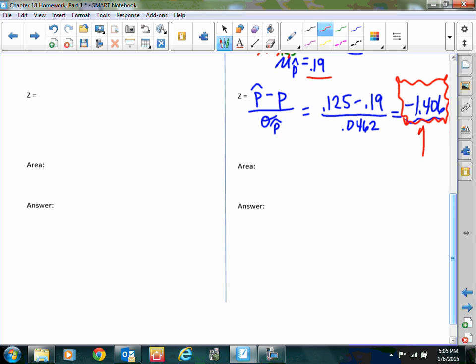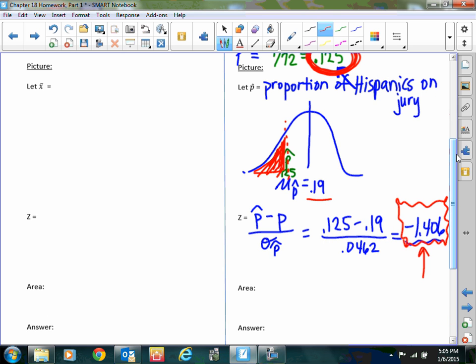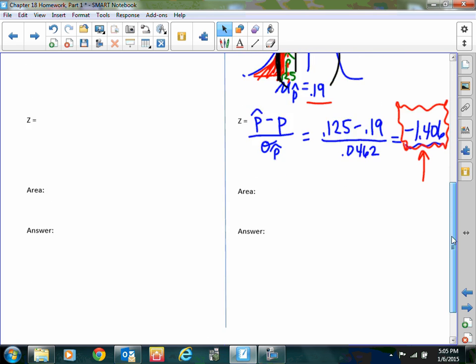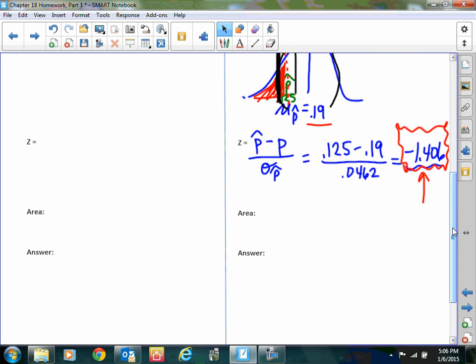Why? Because it's not even 2 standard deviations below. It's only 1.4 standard deviations down. So it is not outside of 2 standard deviations down. It was within. So that could have happened because of sampling variability. So that was not unusual. Let's go ahead and find what the red area is.